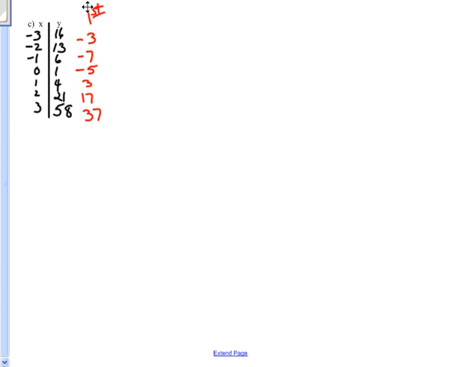It's not a line. Second differences. -7 take away -3 is -4. -5 take away -7 is 2, 8, 14, and 20. Looking at the second differences, they are not the same. It is not a quadratic.